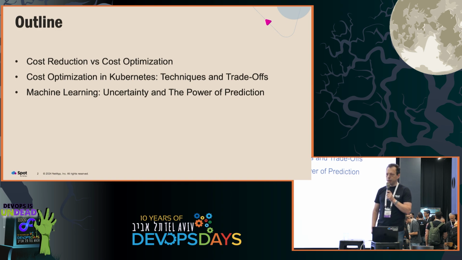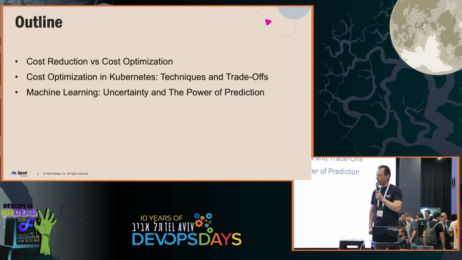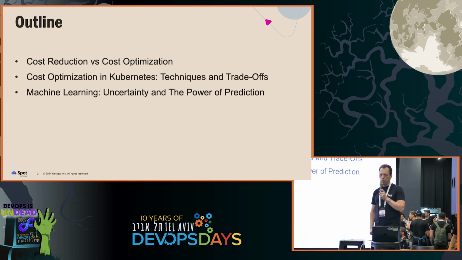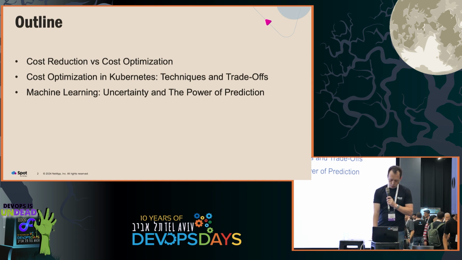Then I'll dive a bit deeper into the different aspects of cost optimization in Kubernetes, some challenges, trade-offs, and so on. And lastly, I'll talk about machine learning and how we use the data that we collect from the environment to do the optimization much better in our product.